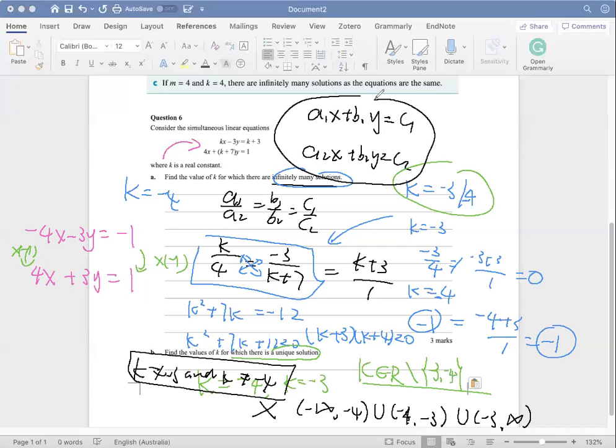A1 over A2 equals B1 over B2 equals C1 over C2 gives us infinite many solutions. If we have A1 over A2 equals B1 over B2, but not equal to C1 over C2, it gives us parallel lines. And in all the rest of the cases, you get an intersection, which means a unique solution.